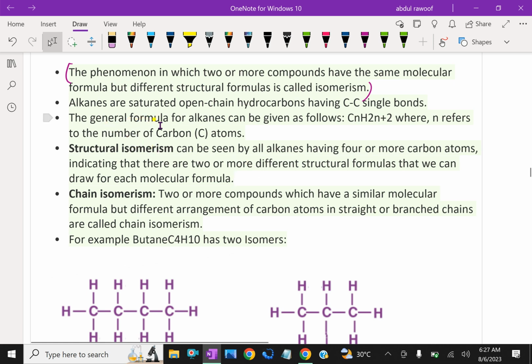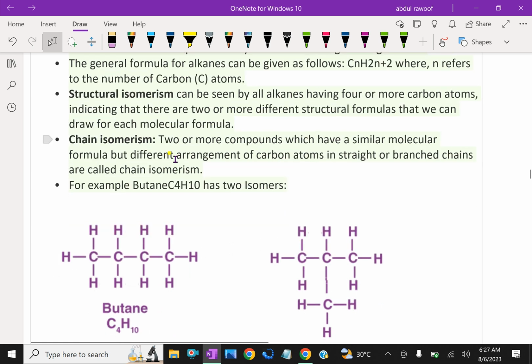In general, the formula for alkanes can be given as CnH2n+2, where n refers to the number of carbon atoms. Structural isomerism can be seen in all alkanes having 4 or more carbon atoms, indicating that there are 2 or more different structural formulas that can be drawn for each molecular formula.